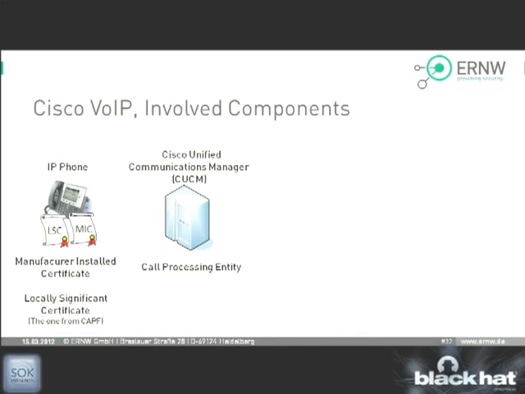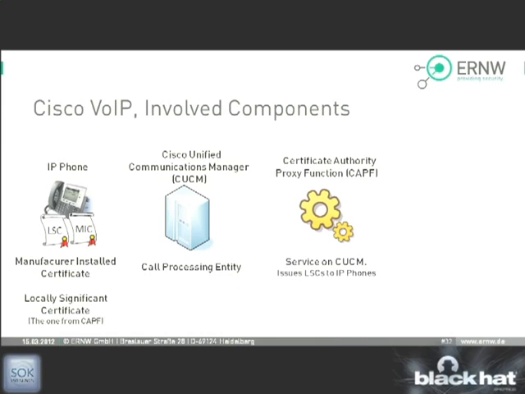The main one is the Cisco Unified Communications Manager or Call Manager, the CUCM, which is the call processing entity. On that box, usually, there runs a certain service, the CAPF, CA policy function, which serves for issuing certificates to the phones.